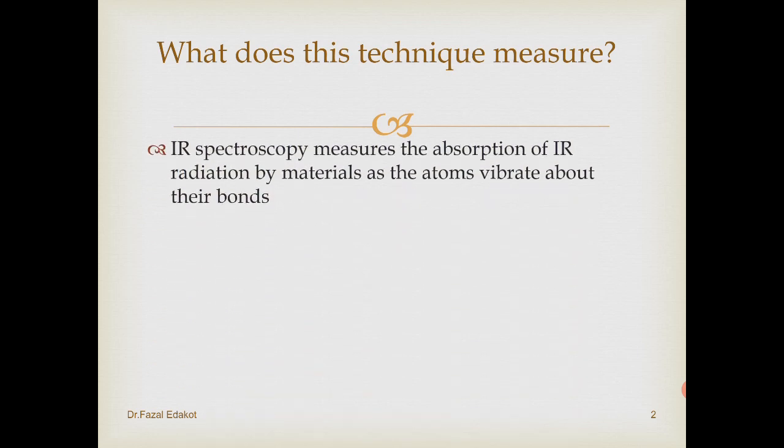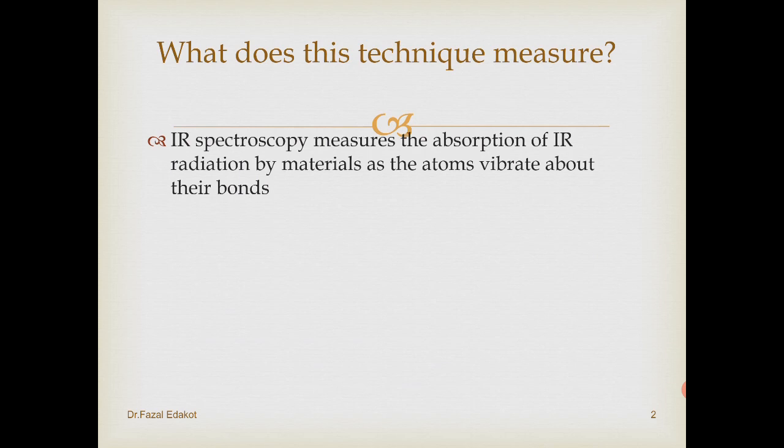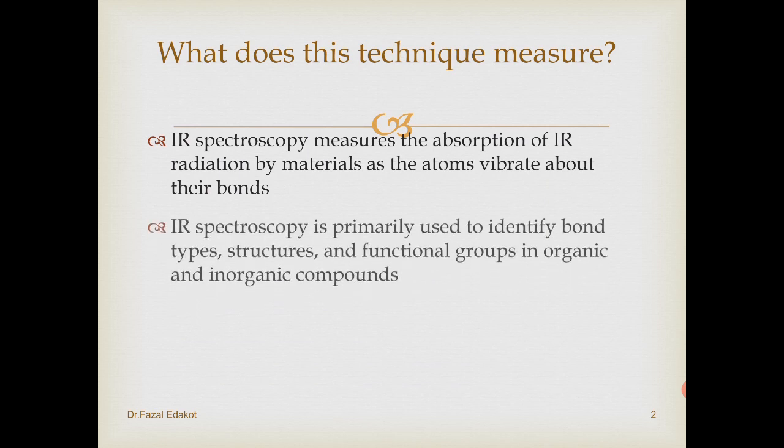IR spectroscopy measures the absorption of IR radiation by materials, as the atoms vibrate about their bonds. So if there is a vibration about their bonds, IR radiation will be absorbed, and this absorption of IR radiation is measured by infrared spectroscopy.